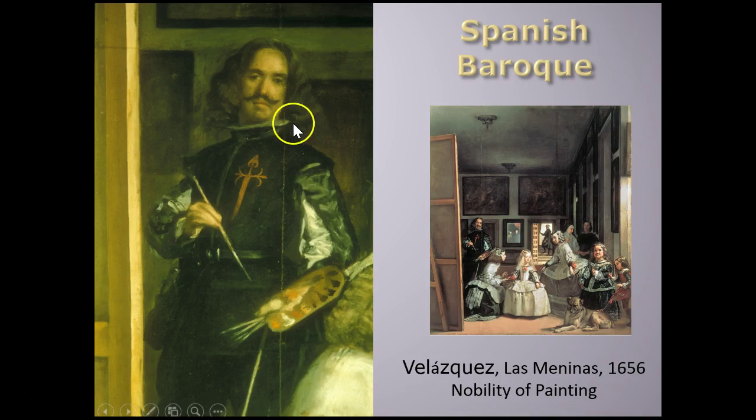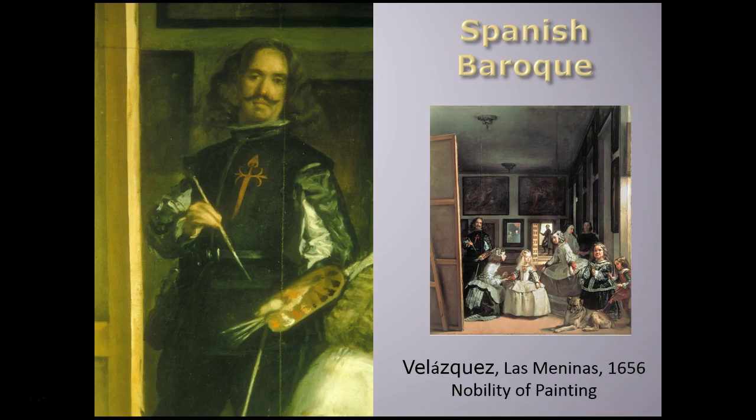Another detail that's important and also relates to the artist's identity is this red cross. This was the Order of Santiago, which was bestowed upon him by the king. And it's said that he actually painted this detail later on, after he had painted the composition. So again, this really is in tune with his identity as an artist and elevating the idea of painting.